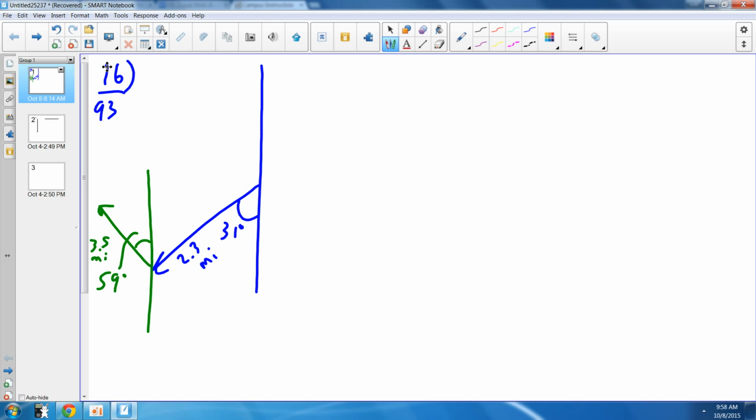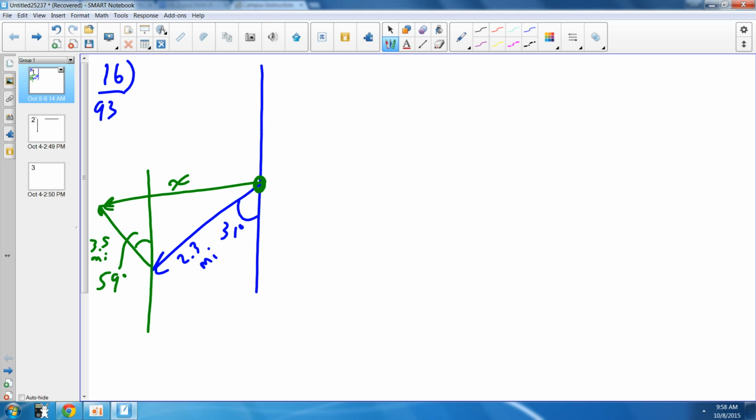You have to assume that it's not going across, and therefore you want to go ahead and figure out how far is he, what is your x, and also the last part, what is his bearing from his starting point.